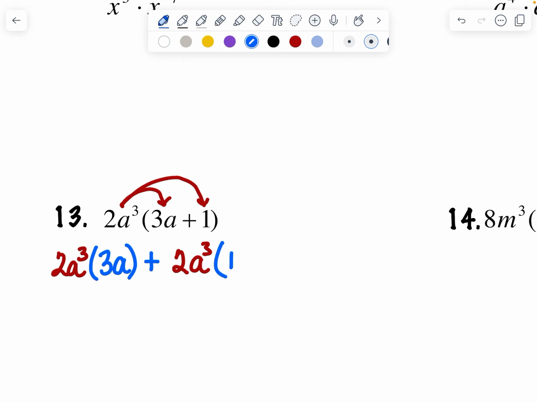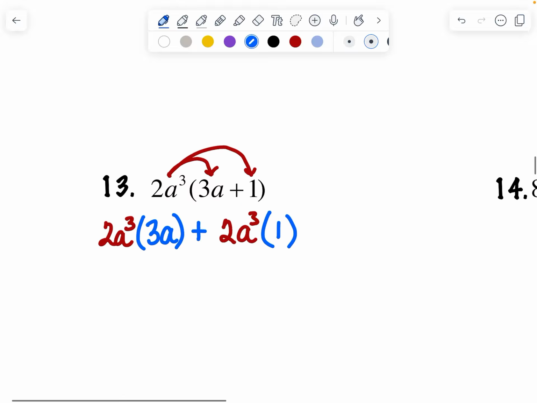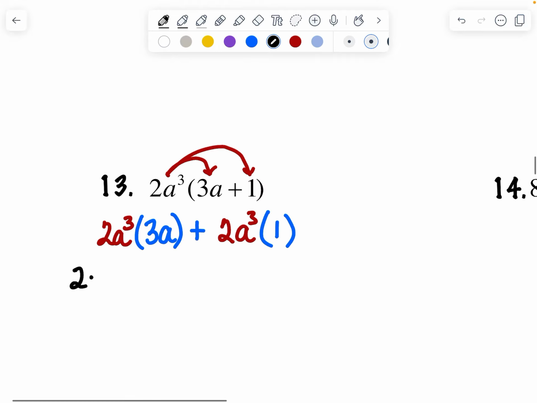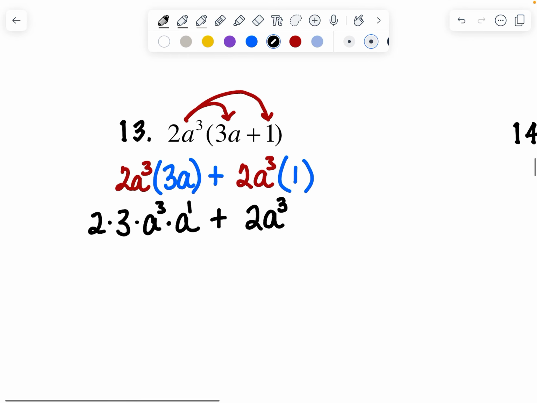So plus 1. So now we're going to simplify this, and now we've got this 2 times 3 times a cubed times a, and we know that's an a to the first power, plus we have just a 2a cubed times 1, which is the same thing, so we just leave it 2a cubed.